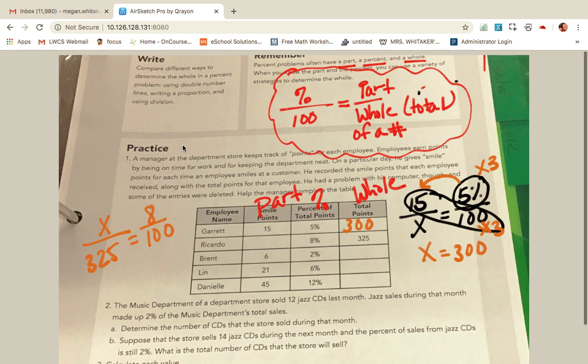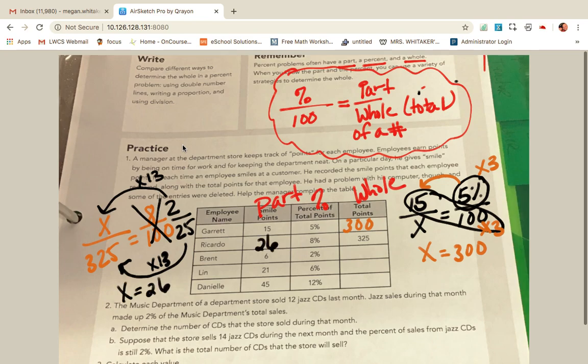If you divide both of these by 4, you get 2 on the top and 25 on the bottom. Now 25 can go into 325 13 times. So 25 times 13 on the bottom, and I also do that on the top: 2 times 13 is 26. So x is equal to 26. That would be the part.